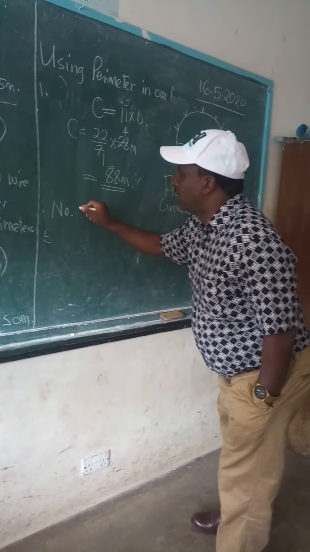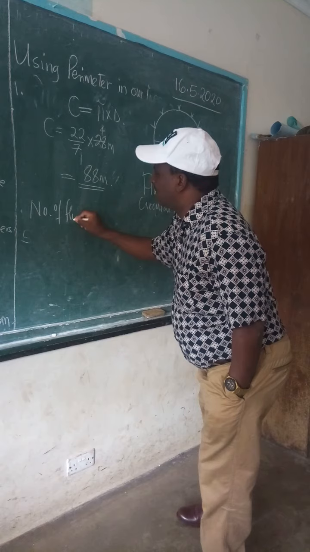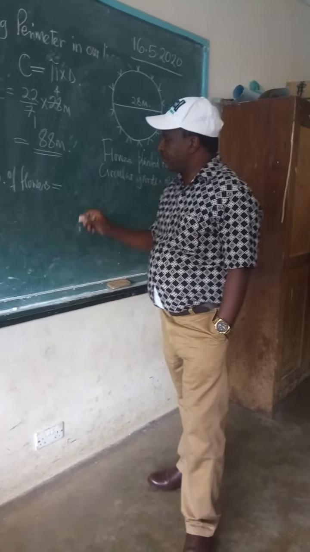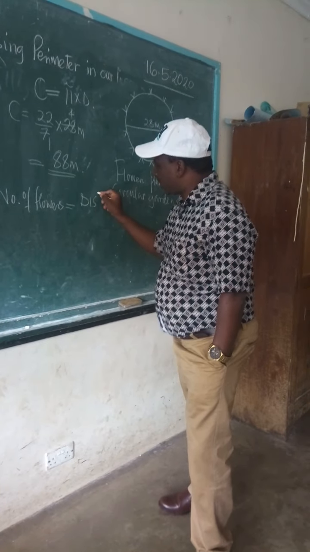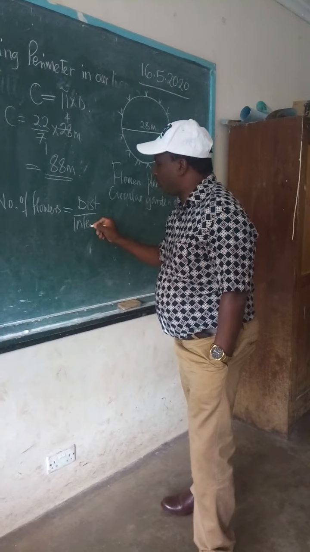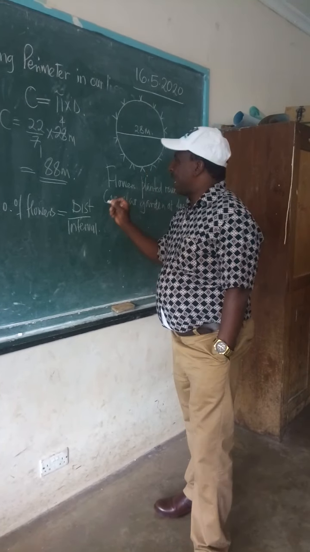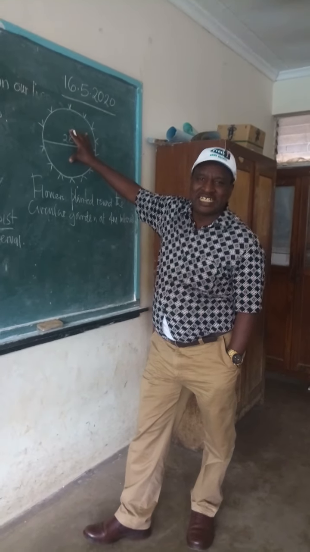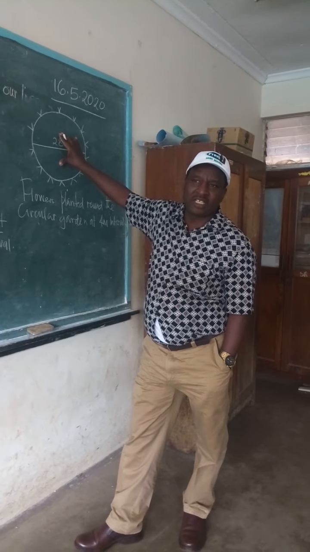The number of flowers is equal to the distance we are talking about divided by the interval. Remember, a perimeter, a circumference, is a complete distance. It is not a straight line.